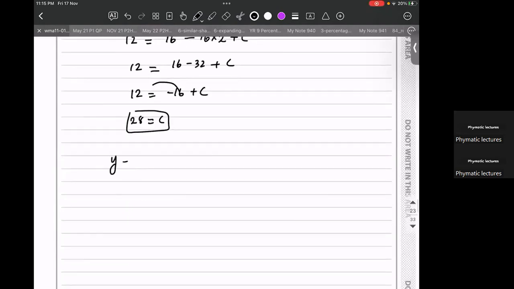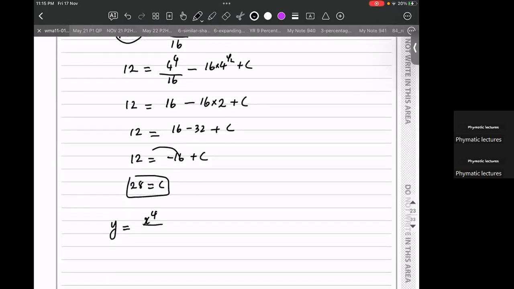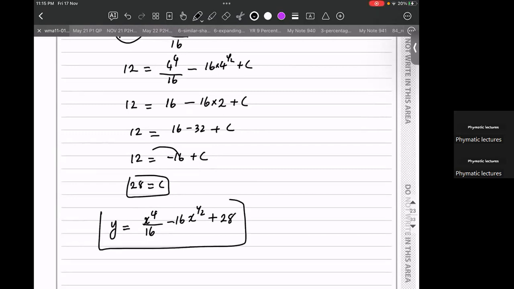So therefore the complete equation is y is equal to x to the power of 4 by 16 minus 16 x to the power of 1 by 2 plus 28. And that is not y, I mean, that is f of x.